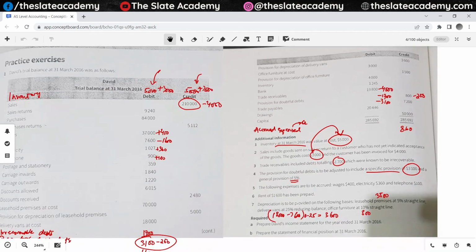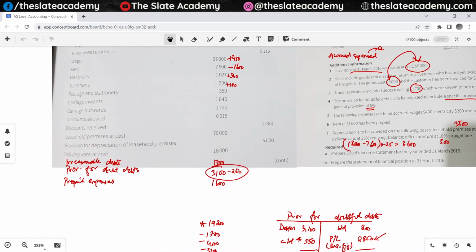So I will write in the debit column depreciation expense, and the depreciation expense comes out 7400.